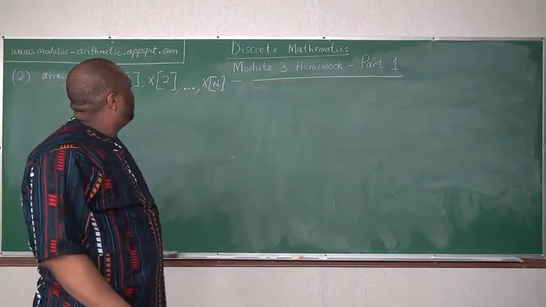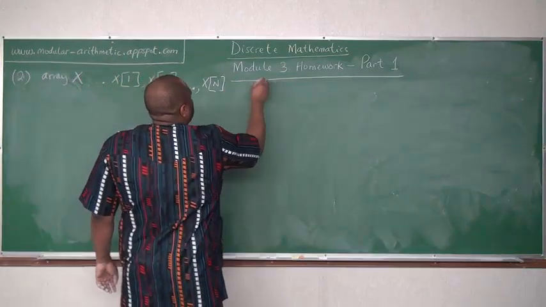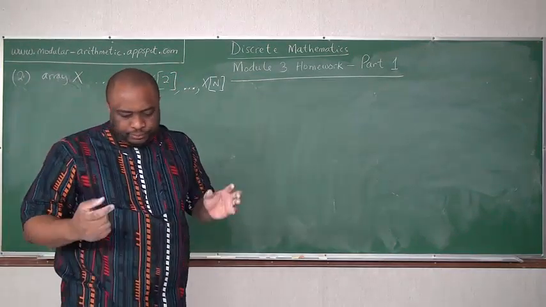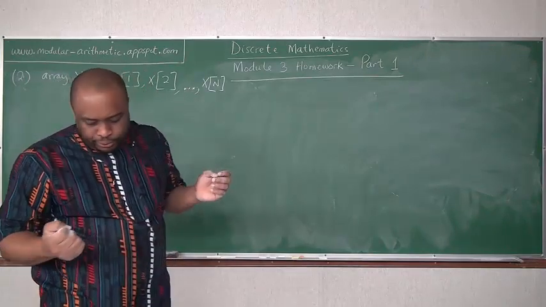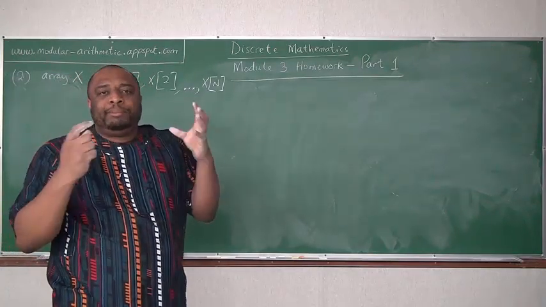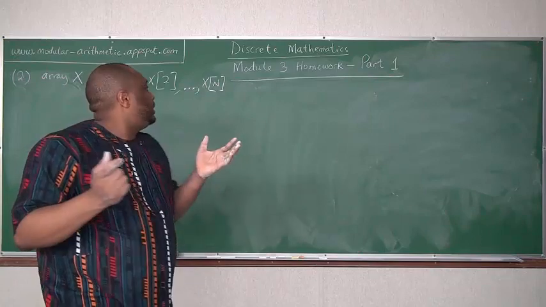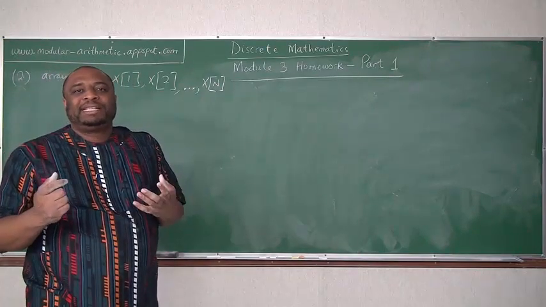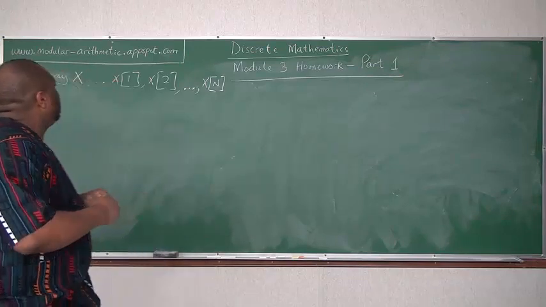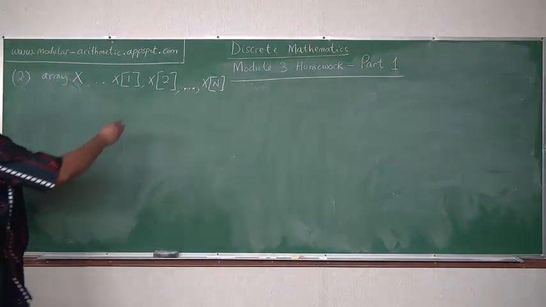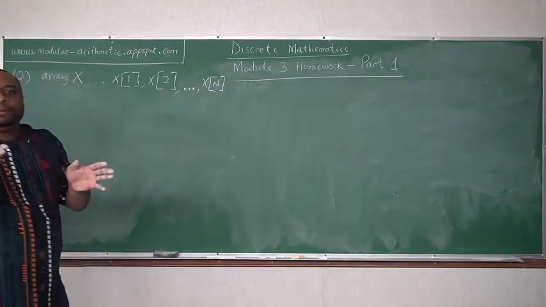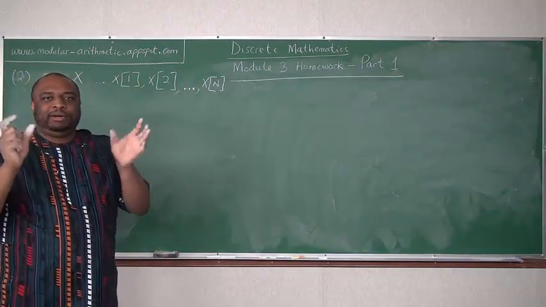It says write a pseudocode program to compute the maximum of these numbers. So if we look at this question, an array starts with index 0.